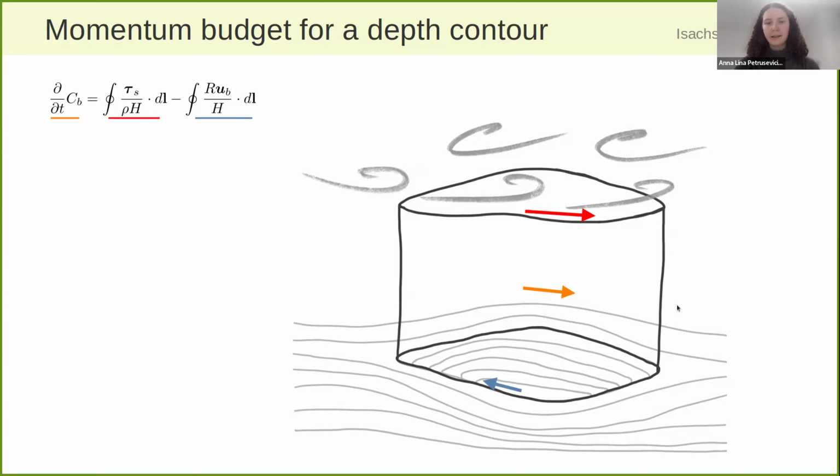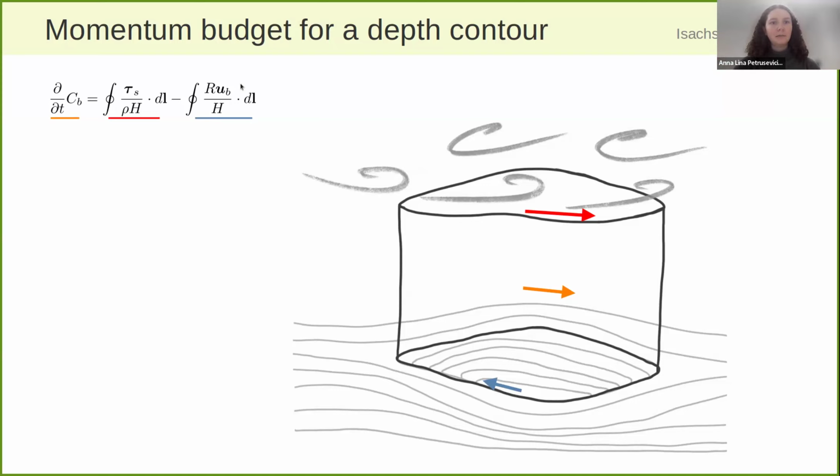The gray lines are the topographic contours. And then you see a depression in the middle here, that could be a basin. And you can imagine the contour as a curtain extending from the seafloor up to the sea surface, forming a closed loop.